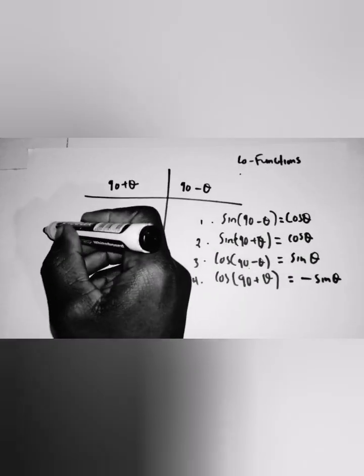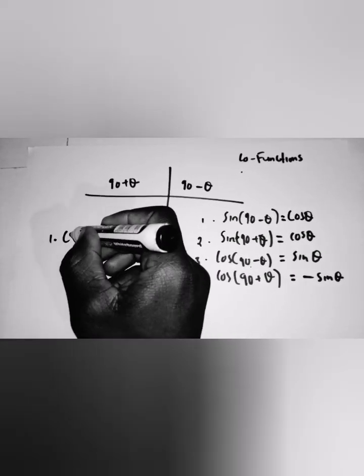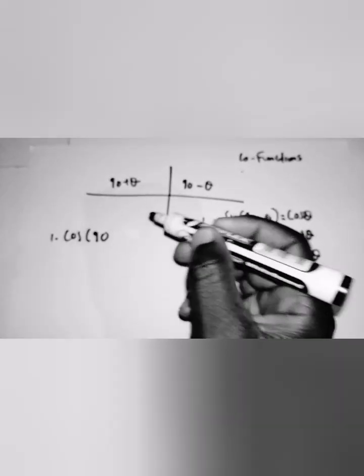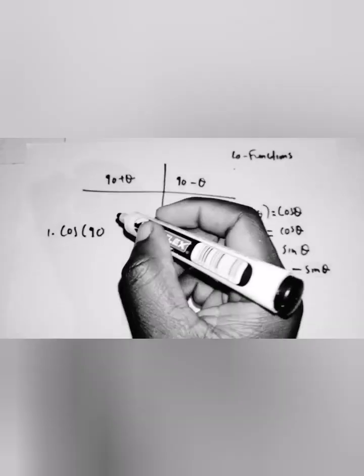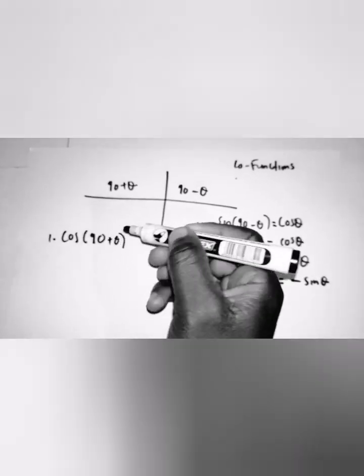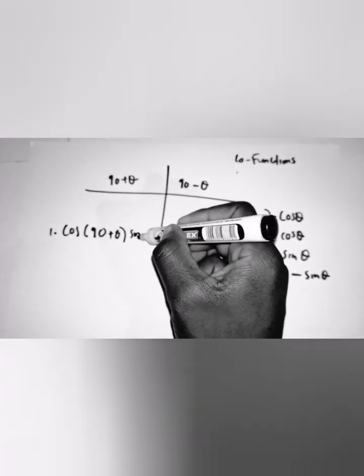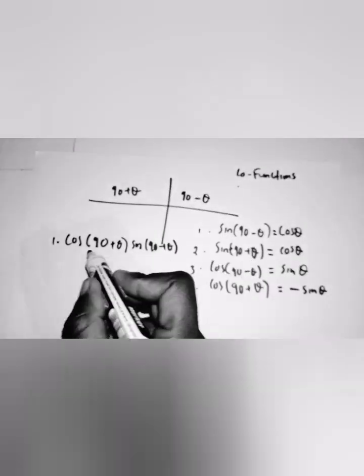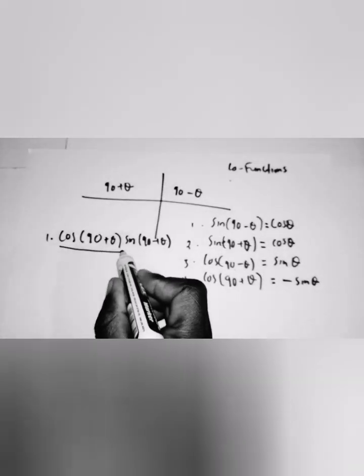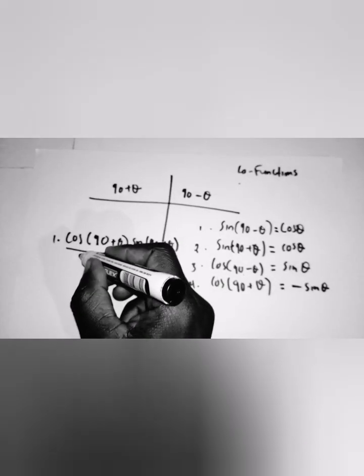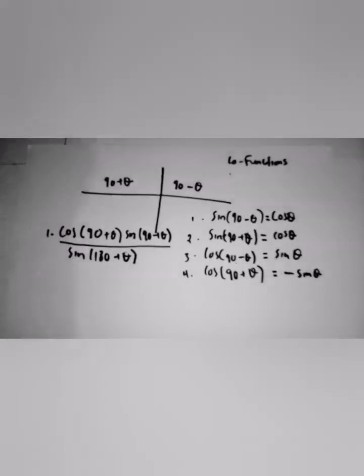Make sure that you know what I've written there. Let's just do the first example that has cofunctions. I have cos 90 plus theta times sine 90 minus or plus theta over sine 180 plus theta.